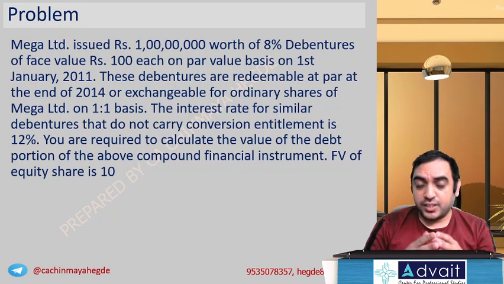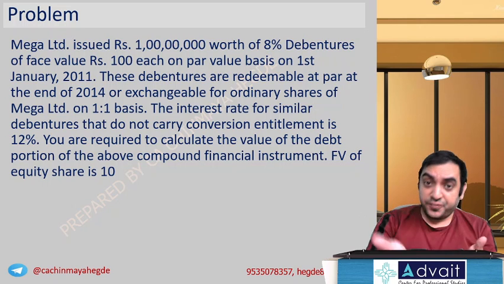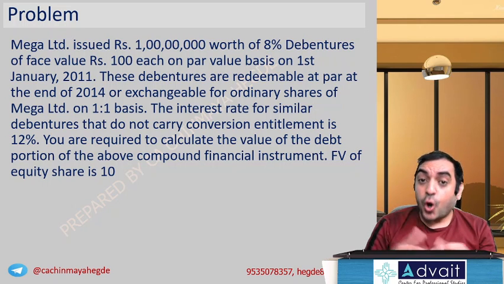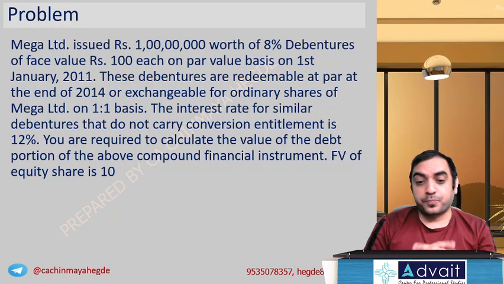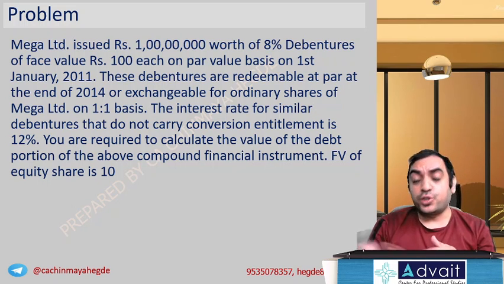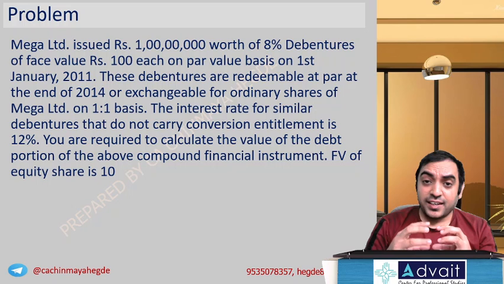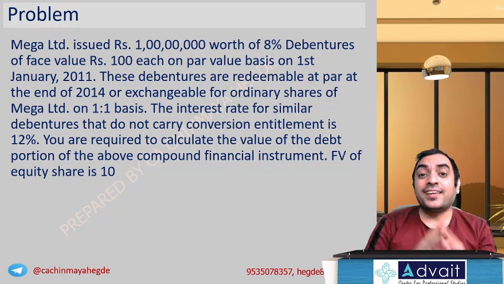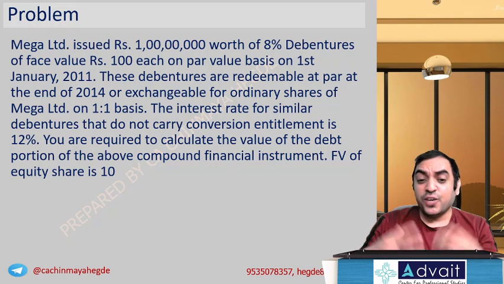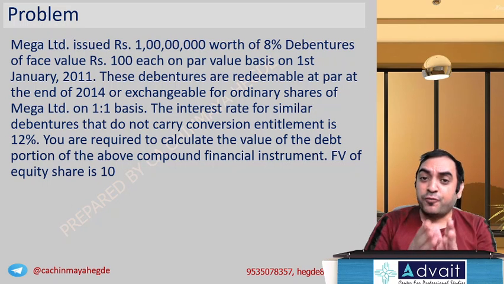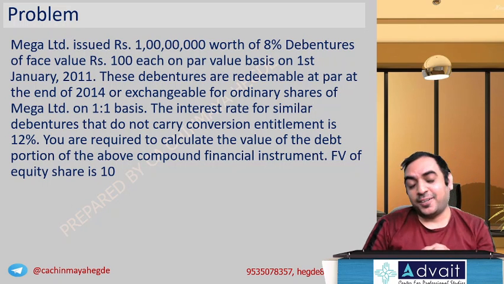So at the end of the maturity period, if the holder wants, the amount may be paid in cash, or if the holder wants to convert into shares, then redemption will happen by way of conversion into shares. So if the holder says, I want cash, the entity will have an obligation to pay cash.